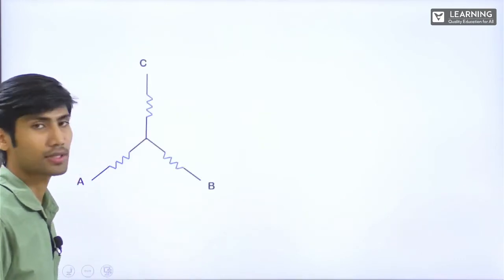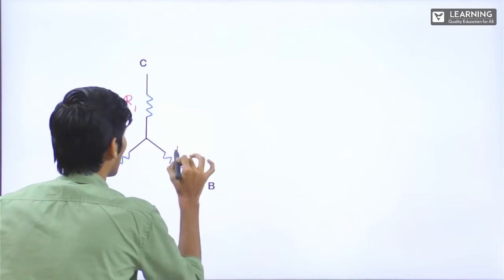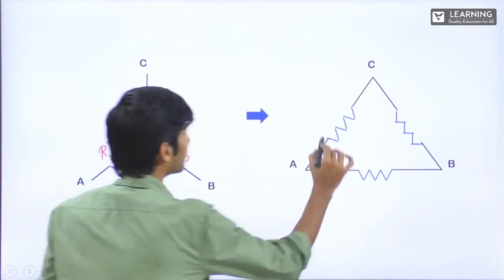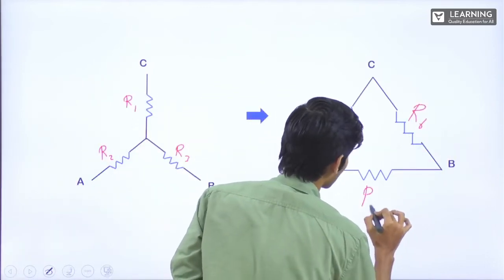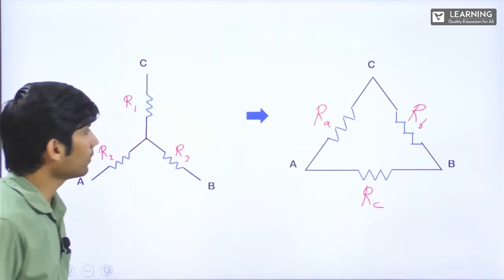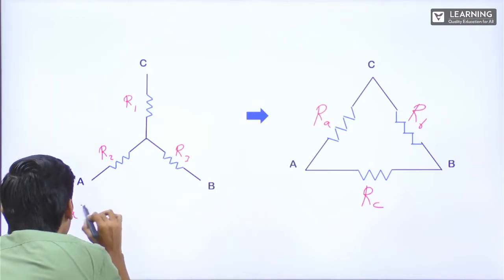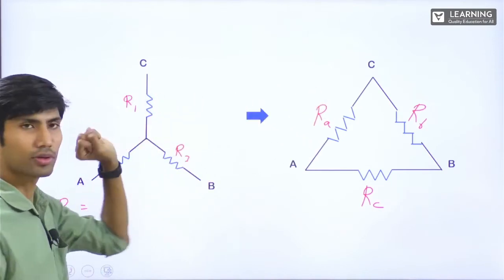Okay. This is star. Let's say again, this is R1, this is R2, this is R3. Okay. I have to convert it into delta. This is RA, this is RB, this is RC. Fine. Now, RA, how will we write? See here, RA will be the value of RA. Now, this star I have to convert into delta.